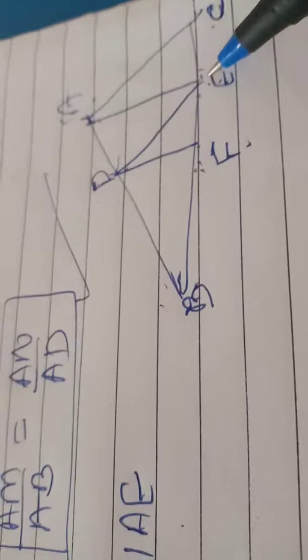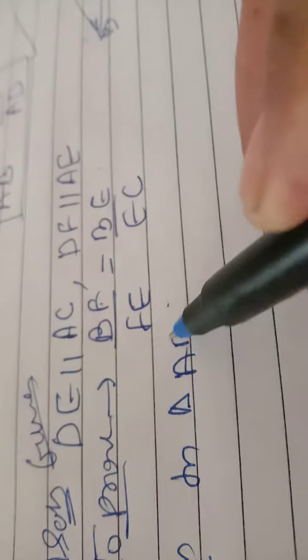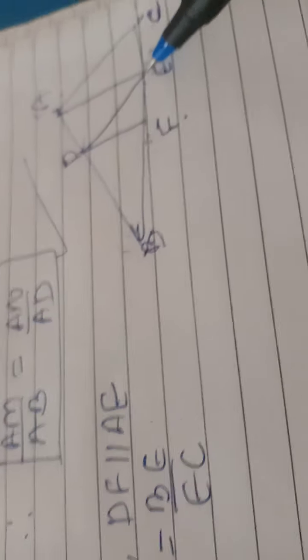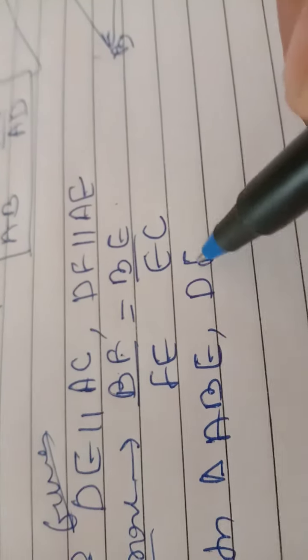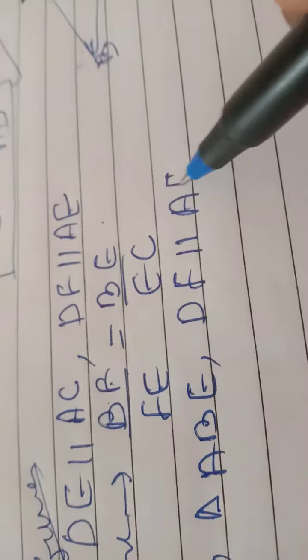So first, I am selecting triangle ABE, can you see clearly? To write the solution, in the solution you will write, in triangle ABE. You can refer to the textbook diagram also. In ABE, our condition is satisfied that DF is parallel to AE.